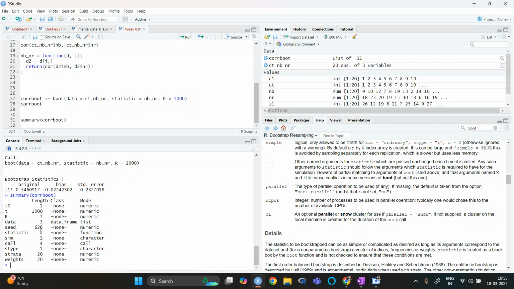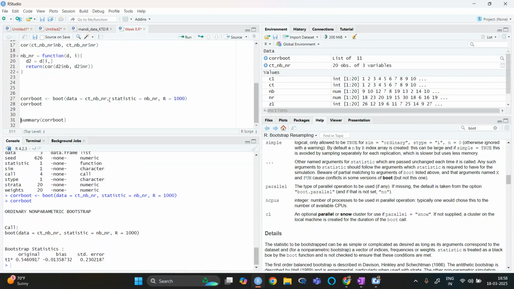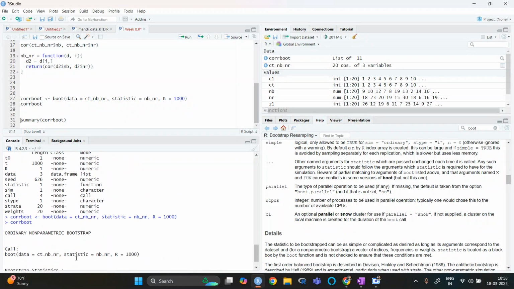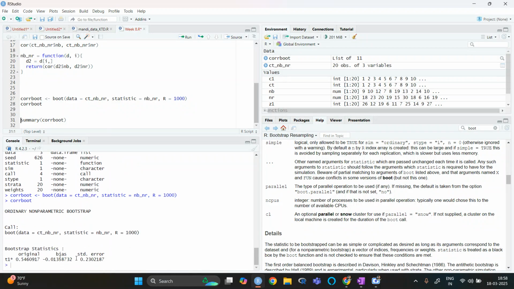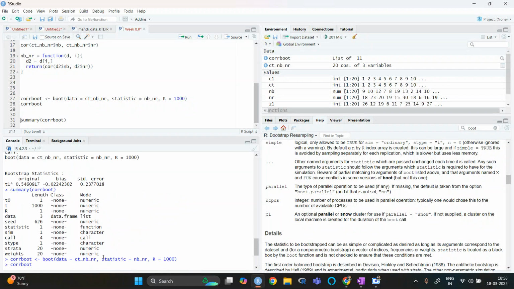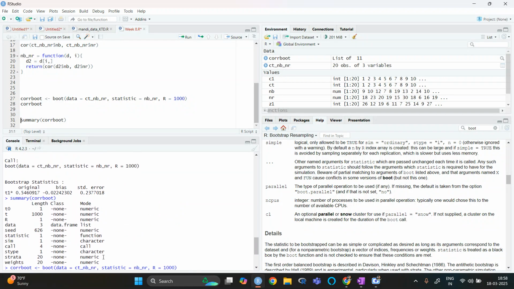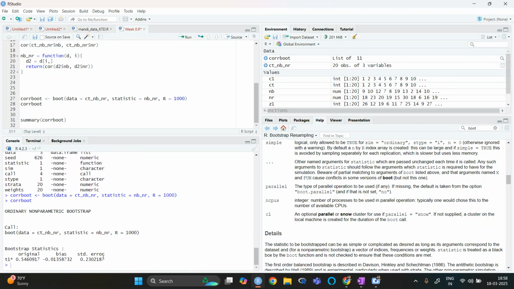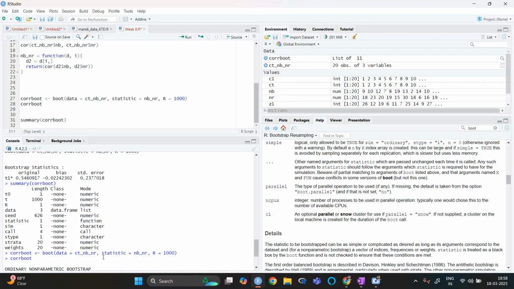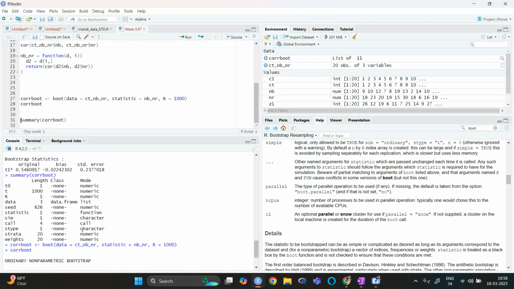So it has taken the seed. So seed it has taken, because if I will do, let's say, this again, it is changed. So biasness is changed. Standard error is also changed. So it has taken the seed inside of it. Statistic is one statistic, which is function simulation one, and there are S type.